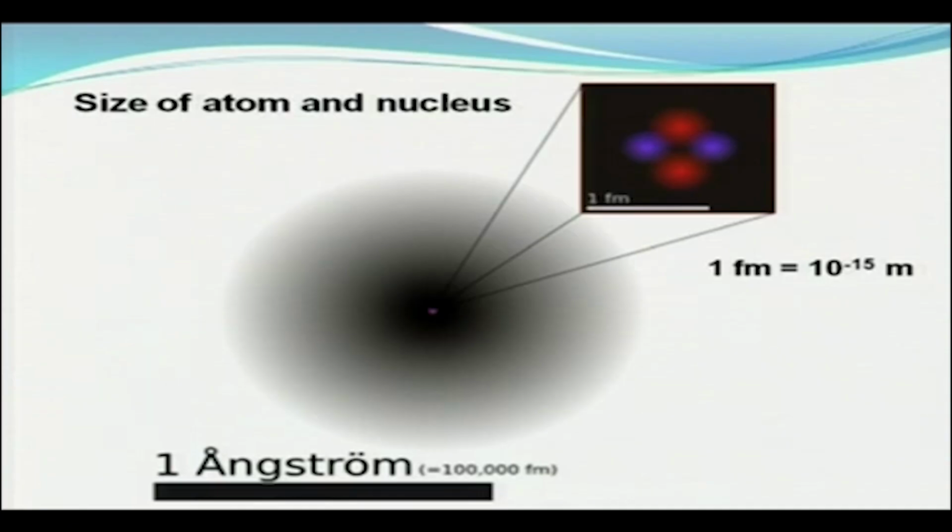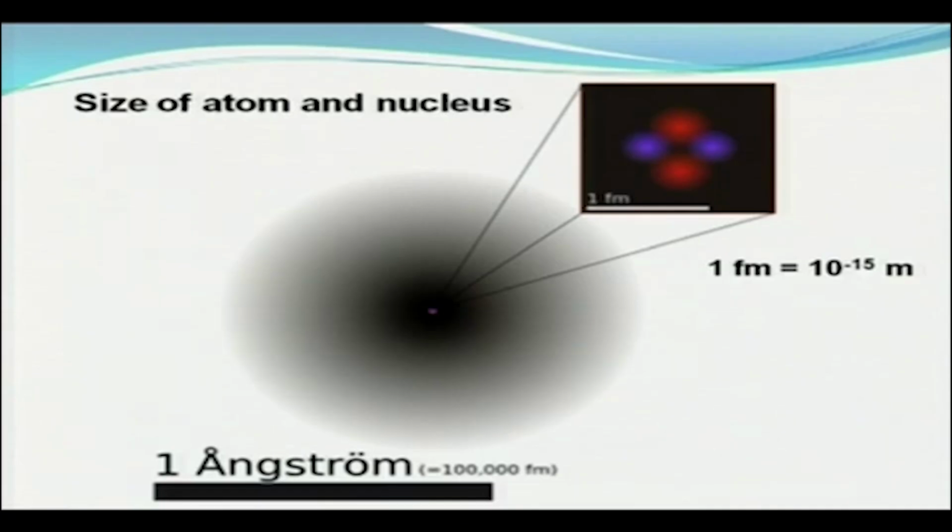But when we compare the nucleus with the atom, it is much tinier. The size of a typical nucleus is about 100,000 times smaller than the size of an atom. So, it is in meters about 10 power minus 15 meters, or a few times 10 power minus 15 meters in size.